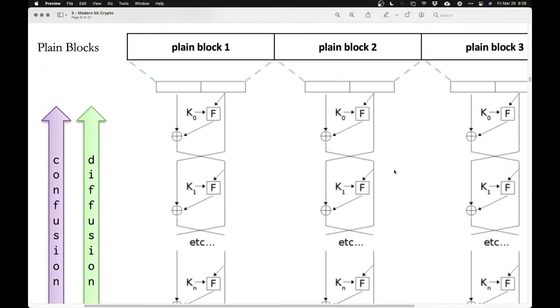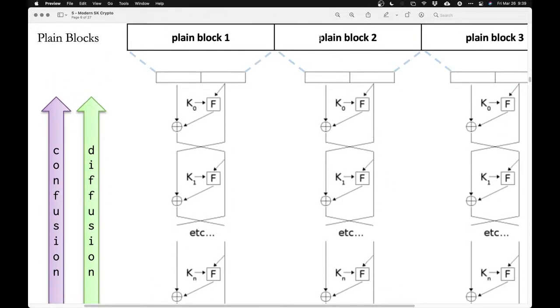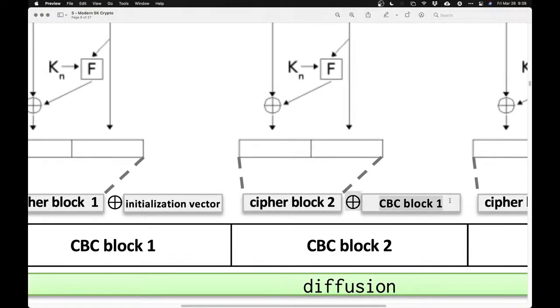It's got a very high entropy version of plain block 2, right? Maximum confusion and diffusion. But because we exclusive ORed it with CBC block 1, it also contains information about CBC block 1 in it. So the information of CBC block 1 has been smeared, spread into CBC block 2.